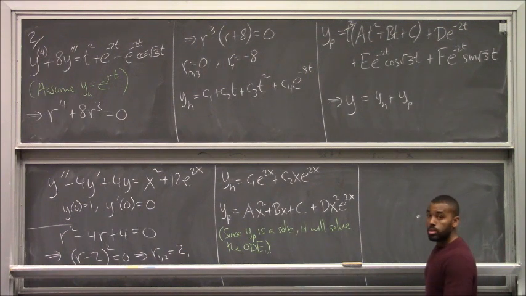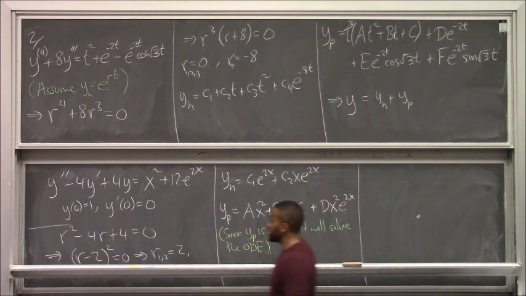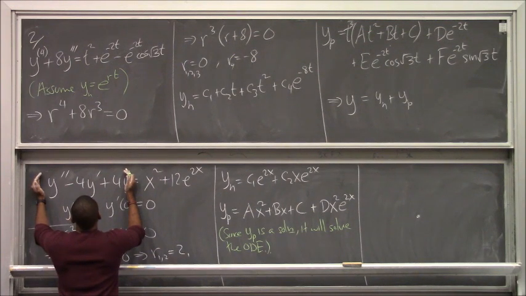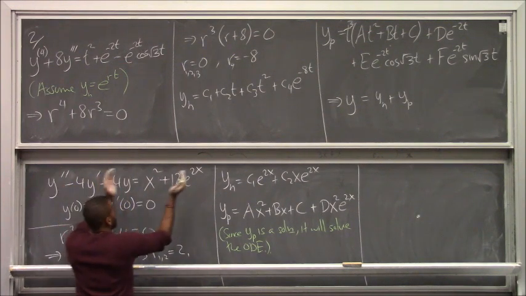I have a question. Yeah. How do you know yp solves the ODE? What do you mean, how do you know? Well, we're using undetermined coefficients, so this just goes back to the theory. The assumption is that a bunch of derivatives with constant coefficients all add together to give us this thing.